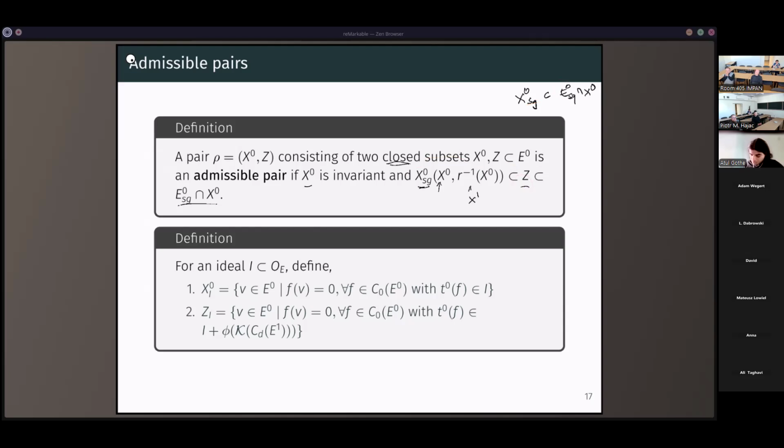And now, why do we need this? For an ideal I of the C star algebra of E, we can define two sets such that these two are indeed an admissible pair. The exact definition does not matter for now, but the idea is that if we start with an ideal of the topological graph algebra, for that ideal we can define an admissible pair.